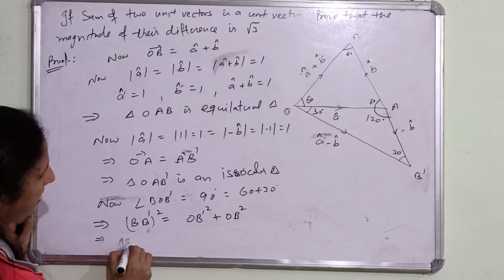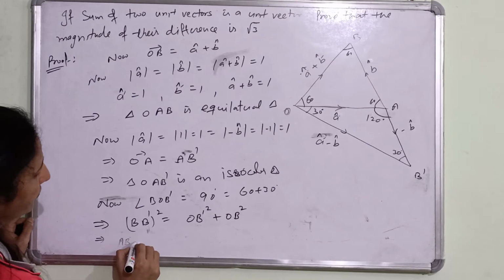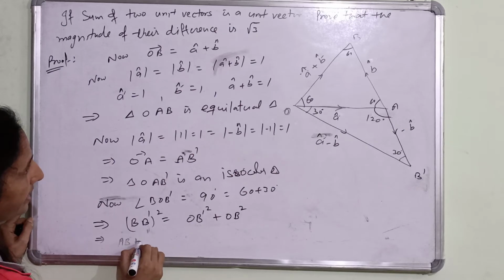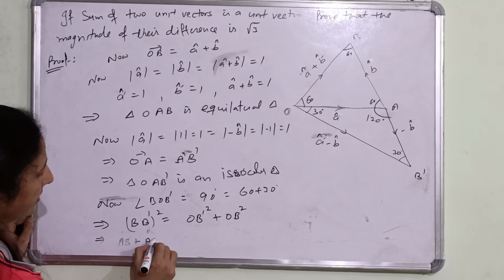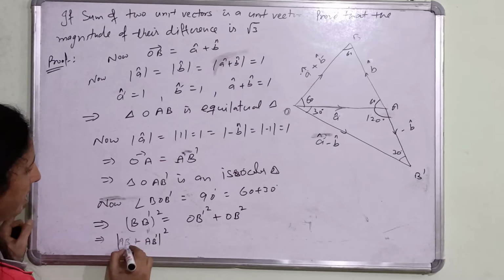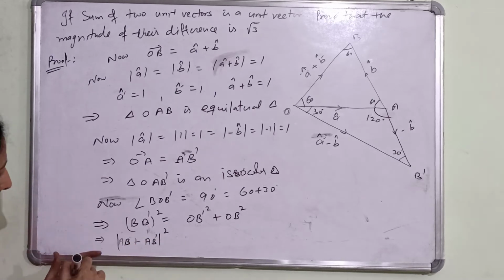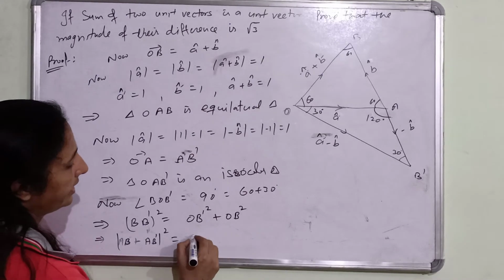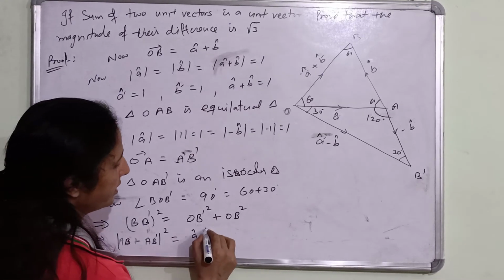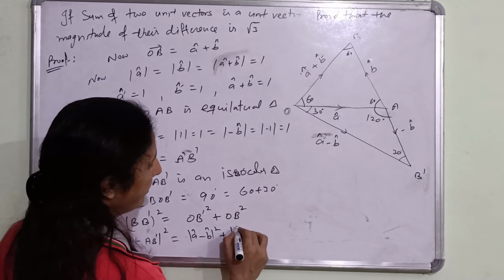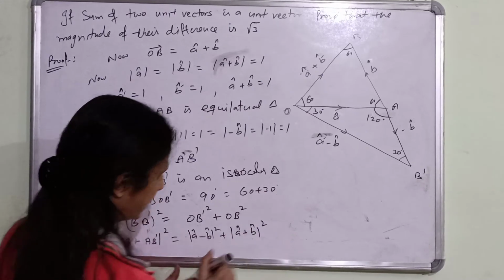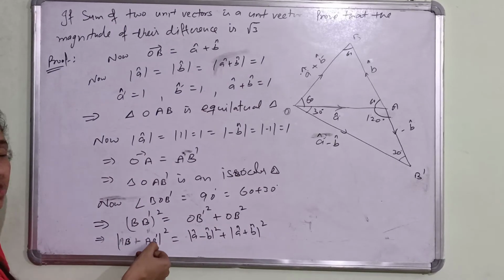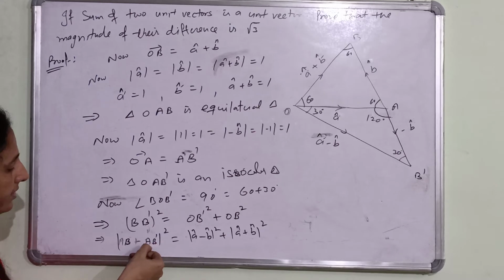BB dash can be written as AB plus AB dash. So BB dash means AB plus AB dash. So now it is A vector minus B unit vector square, plus A vector plus B unit vector square. Is that clear? Now what is this? This is B, and this is minus of B, right?